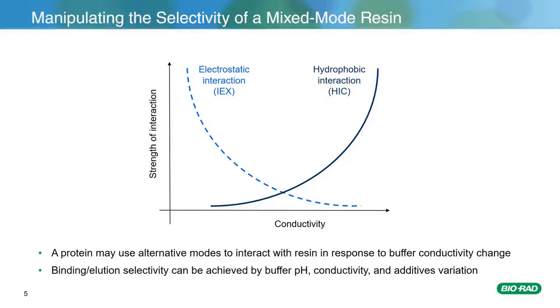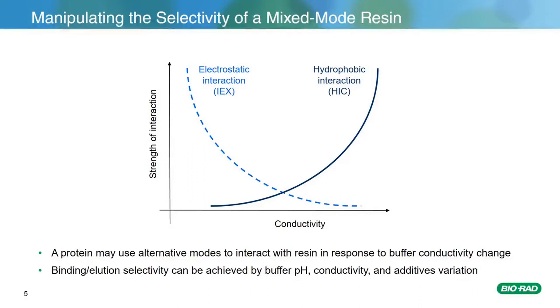For a mixed-mode chromatography resin with both charge and hydrophobic functionalities, the effect of buffer is a little more complicated. When the buffer conductivity increases, the electrostatic interaction between proteins and the resin will be weakened. At the same time, the hydrophobic interaction could be enhanced. A protein may use alternative modes to interact with the resin in response to buffer conductivity change.